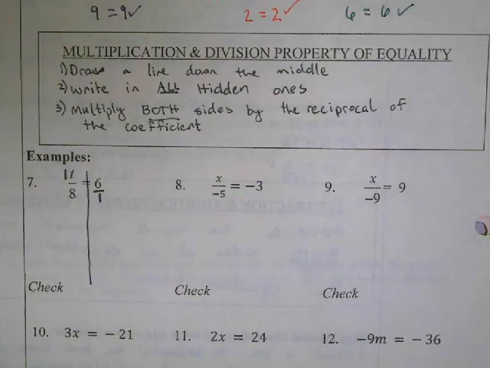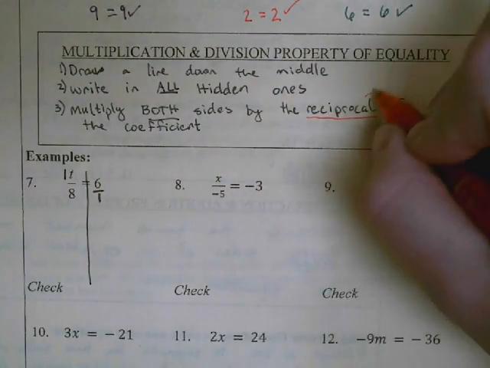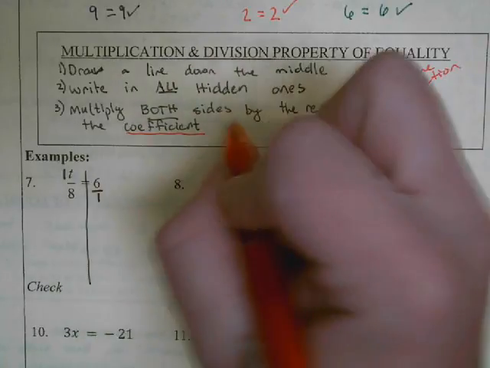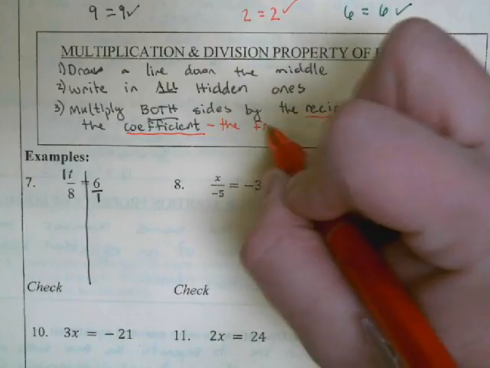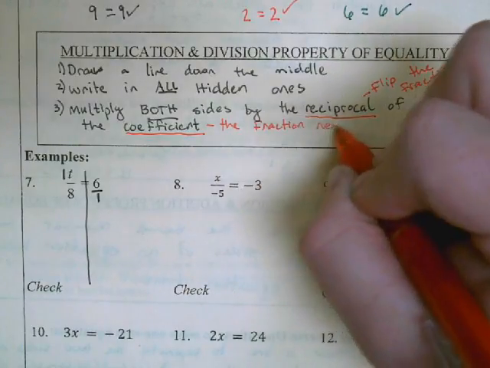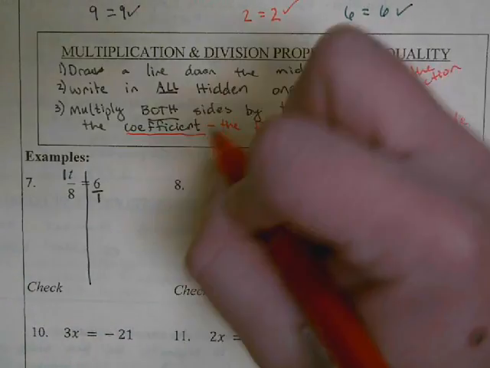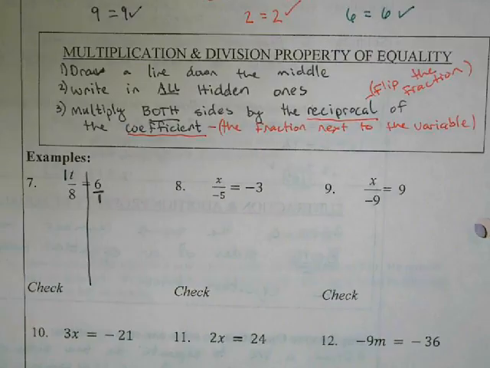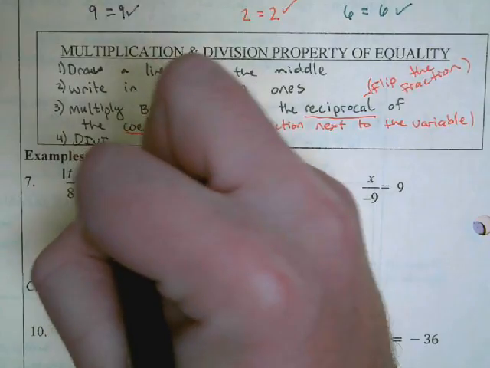So our definition, reciprocal is where we flip the fraction. And our coefficient is the fraction next to the variable. And then we have one less, and that's going to be divide.